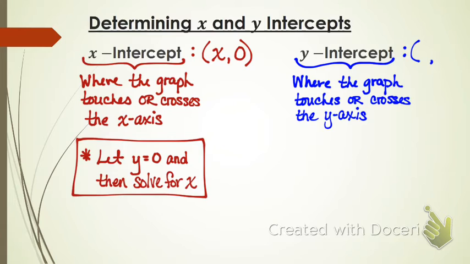Which part is always the same? X. The x part is always 0. So when I said that about the x-intercepts, I said we're going to let the y equal 0, because the y part of the ordered pair is always 0 in an x-intercept, and then I'm going to solve for x. How would I find a y-intercept then? X equals 0. Yep. We're going to let x equal 0, and then we're going to solve for y.